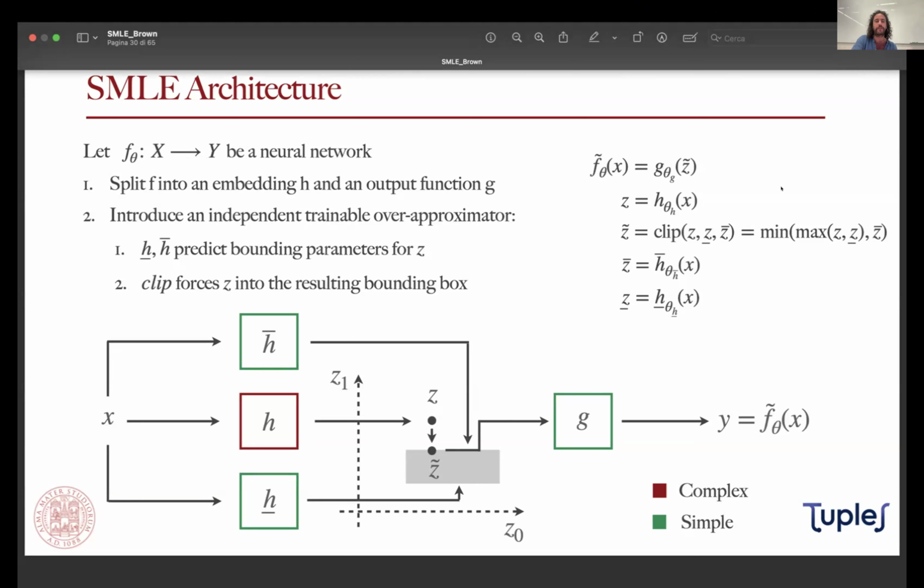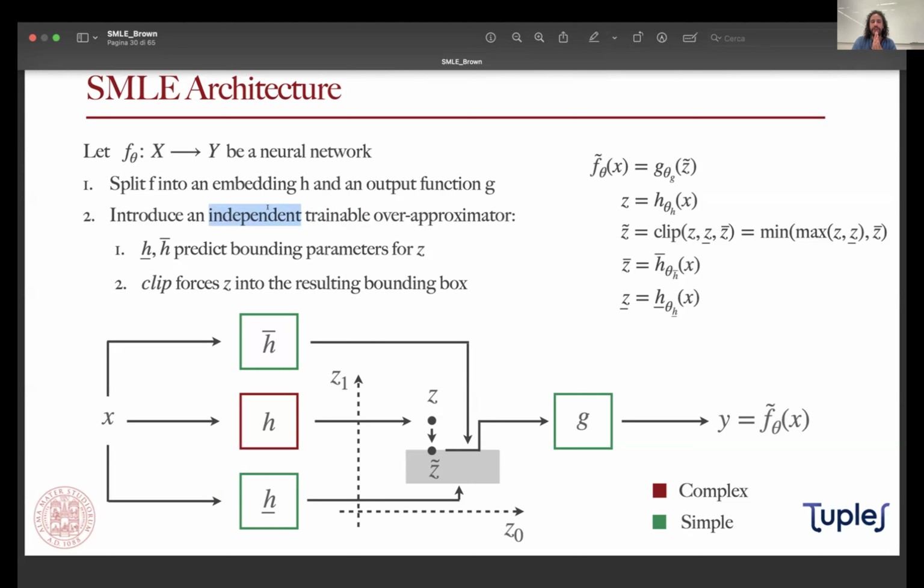Well, the convenience arises from two observations. The first one is that, as I said, this over-approximation is independent from the main architecture. It is also trainable. So we train it with the main model, but most importantly, it is independent. This means that the user has full control on the complexity of the auxiliary models.